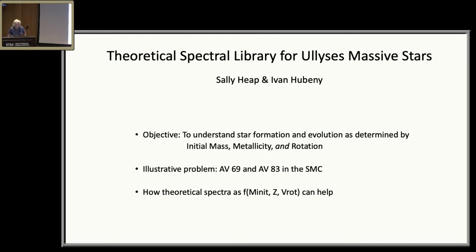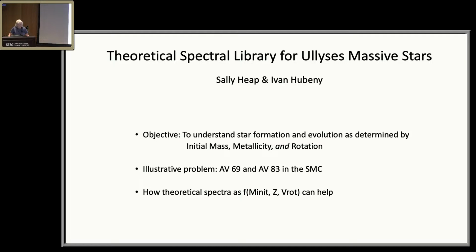So, in order to attack the big questions about star formation and evolution, questions like the initial mass function for massive stars, we need to have in hand the fundamental parameters of stars. It is generally recognized that the three fundamental parameters determining the evolution of a star are initial mass, metallicity, and rotation.